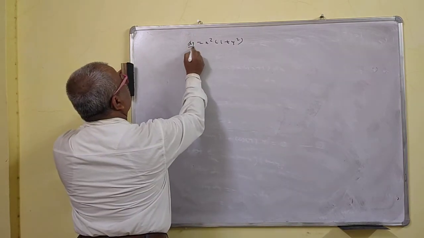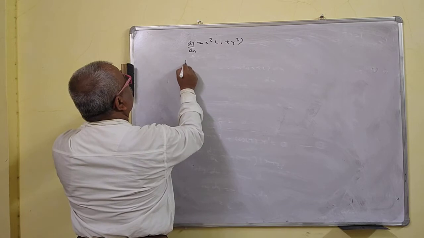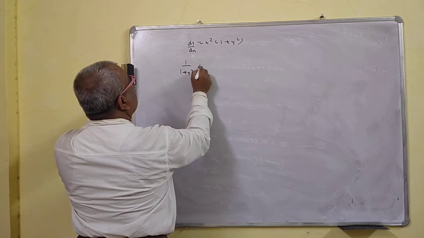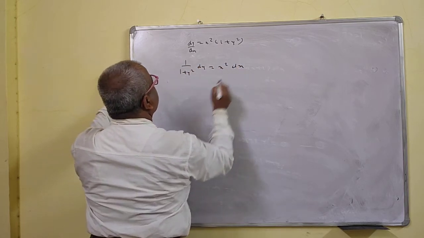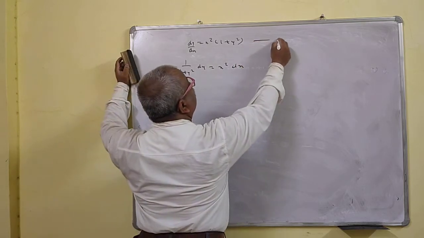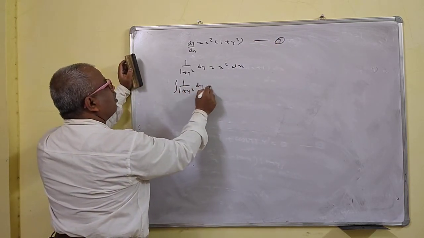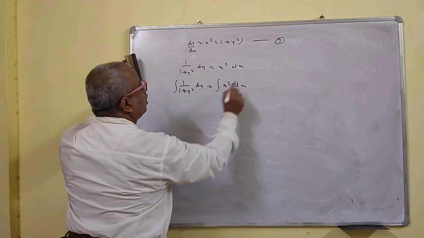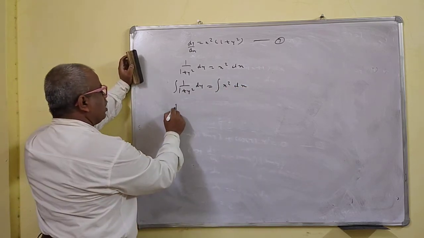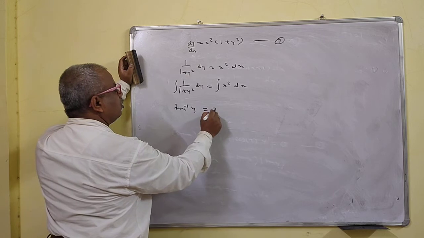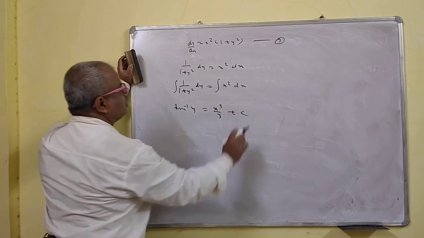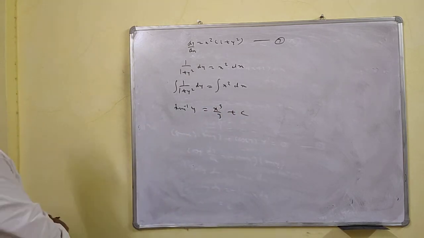This is dy by dx, so 1 plus y square dy is equal to x square dx. I call this 1. Integrating this, integral of 1 upon 1 plus y square dy is equal to integral of x square dx. So this is tan inverse y equals x cube by 3 plus c. Okay, so now the problem is over.